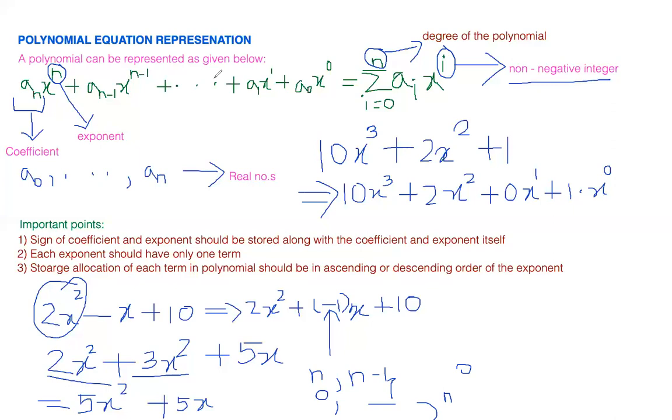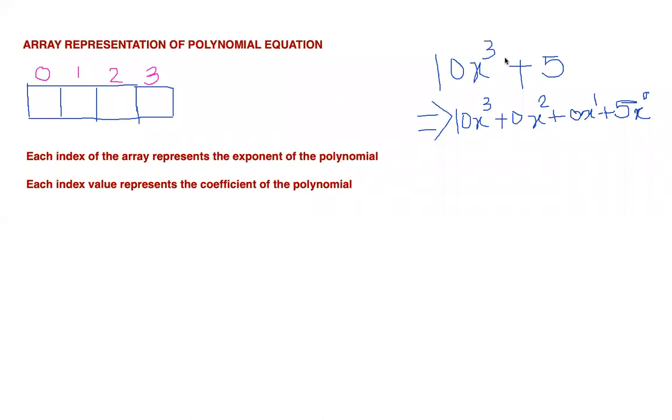Now let us see how we can represent this polynomial with the help of an array and with the help of a linked list. Let us consider this particular example polynomial equation: 10x cubed plus 5. This can be represented like this: 10x cubed plus 0x squared plus 0x to the power 1 plus 5x to the power 0.